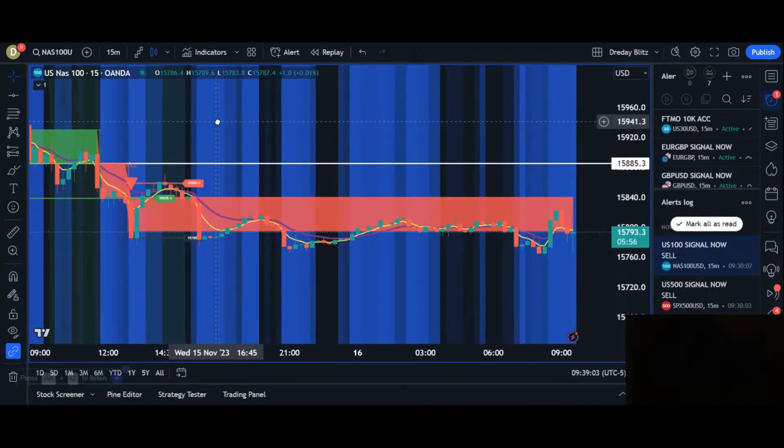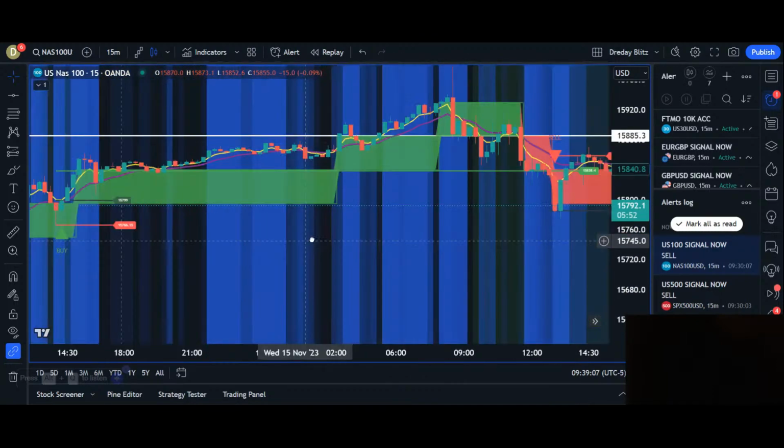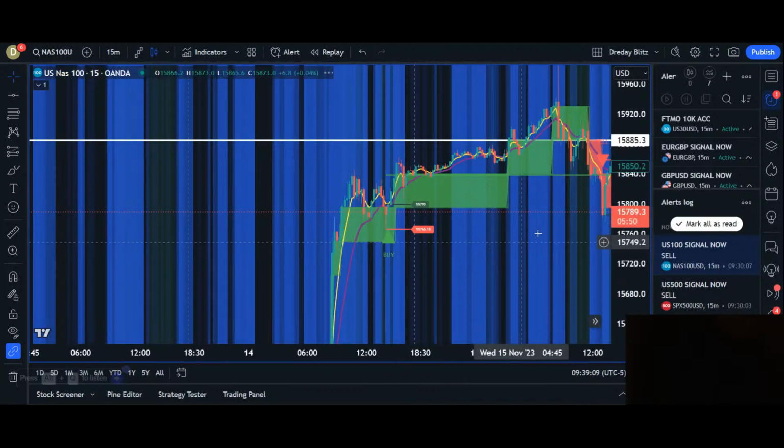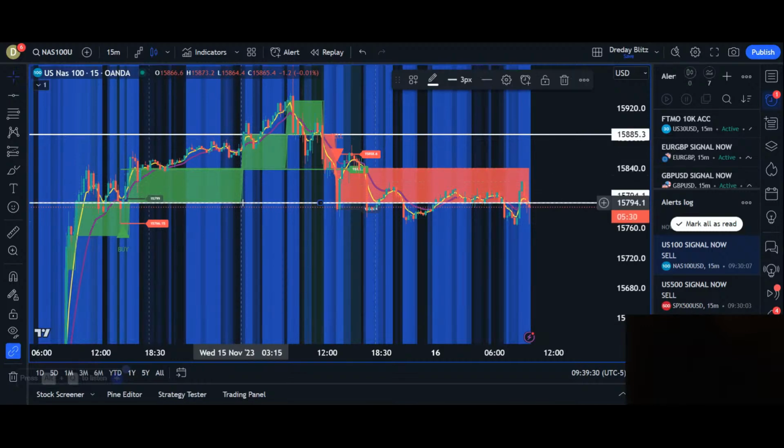Then to plot your take profit zones, you look at the previous Renko bars that were created, and you plot your zone as follows. I will show you that. So this is a zone.